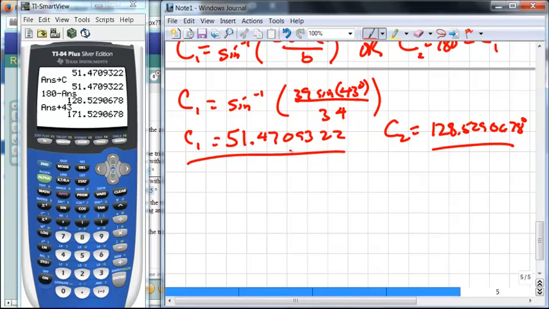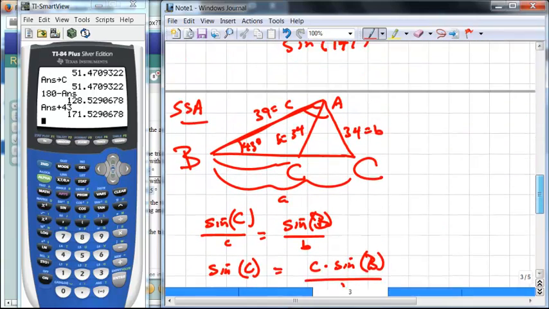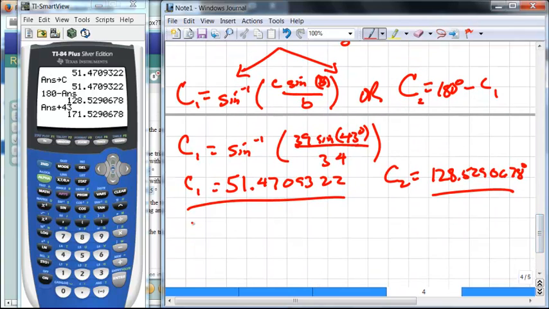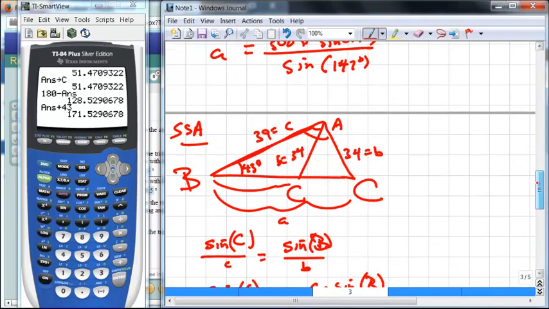So I've got this stored as C right now. Now I can find angle A, I'll call it A1. Now let's look at the picture. In the picture, C1 is the acute angle here. A1 then would be the bigger one here.